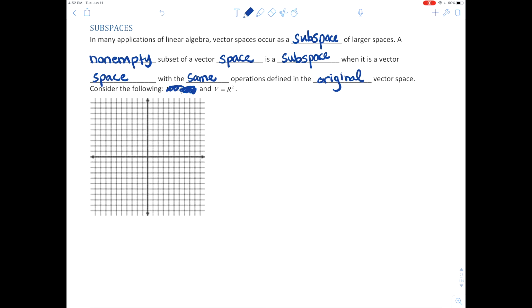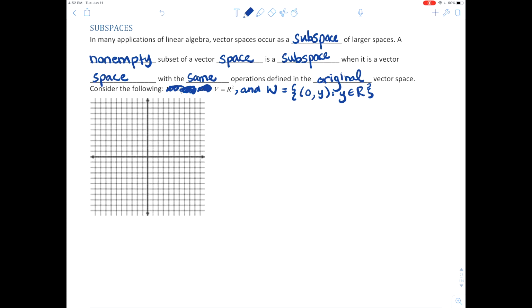So the vector space V is R2, all right? So 2 space. And W, the set W is all vectors in the form where the first component is 0 and the second component is y, such that y belongs to the real numbers, right?